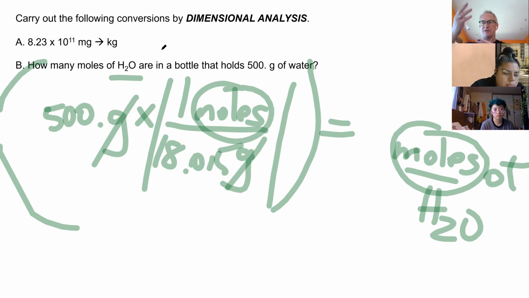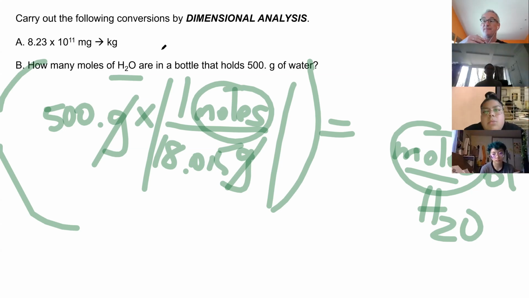A lot of times you're going to have all kinds of numbers on top and bottom, particularly where we're doing moles and grams and liters and density, and you're having all these things together, and they're not always going to be just one. You're going to have a number of different things.